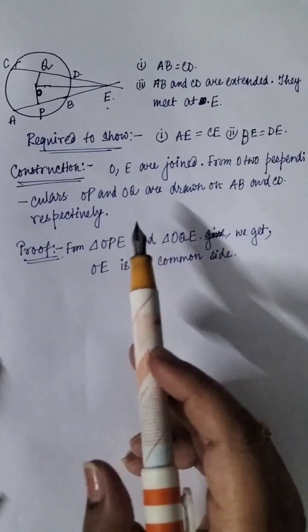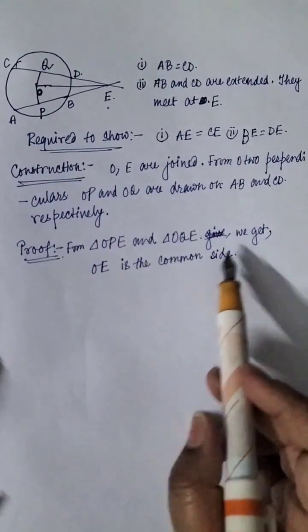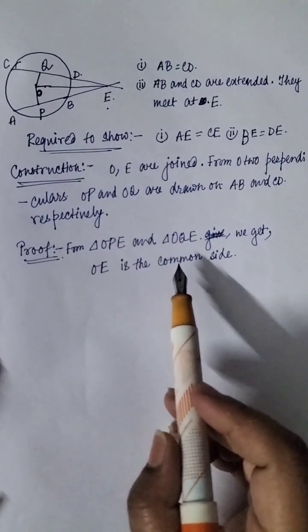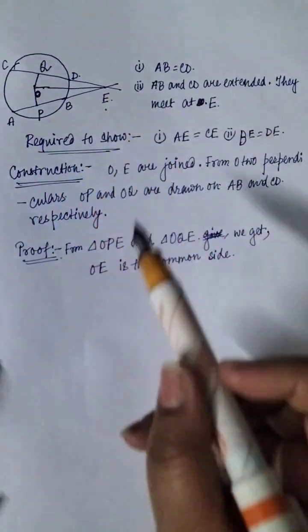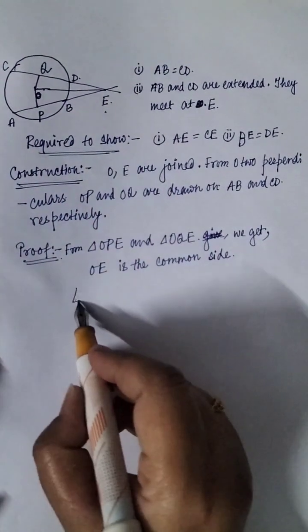So from triangles OPE and OQE, we get OE is the common arm. Secondly, angle OPE equals angle OQE. Both are 90 degrees.